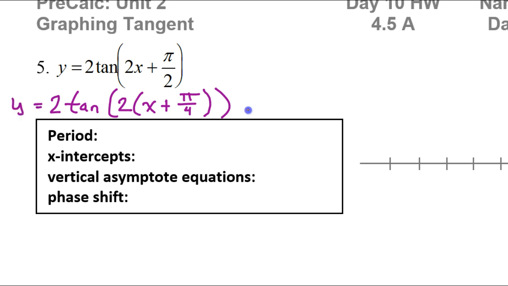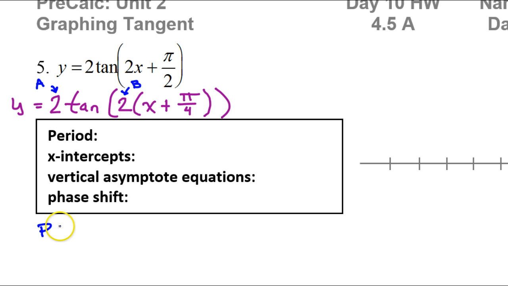So rewrite the function when you have a b value and a phase shift before you try to read the phase shift. Okay, fine. So this is my a value, which helps me draw the graph later. This is my b value, which is going to help me with the period. So let's go ahead and do that now.